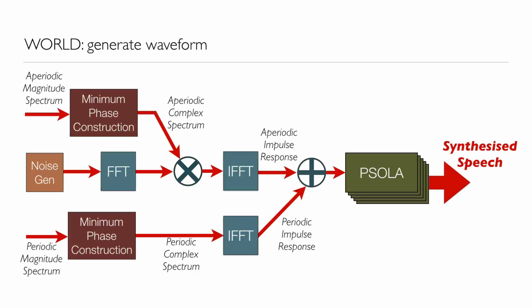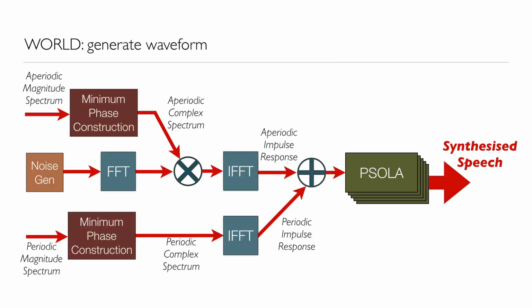And then once we have this magnitude and phase, we can create the complex spectrum. That is done for the aperiodic spectrum and for the periodic spectrum. But the difference is that in the case of the aperiodic spectrum, as this is just the envelope, we need to add some randomness, some aperiodic energy.